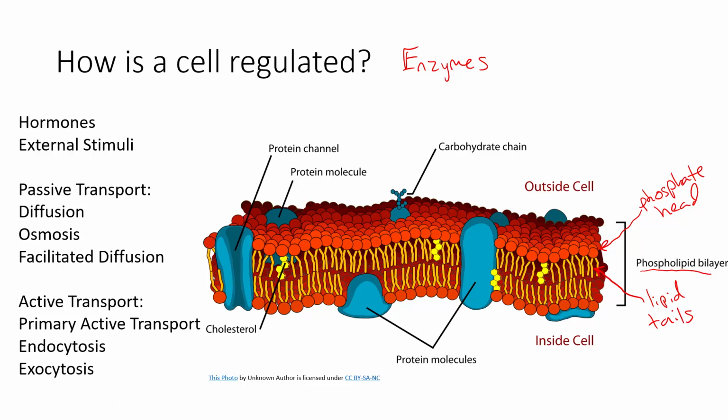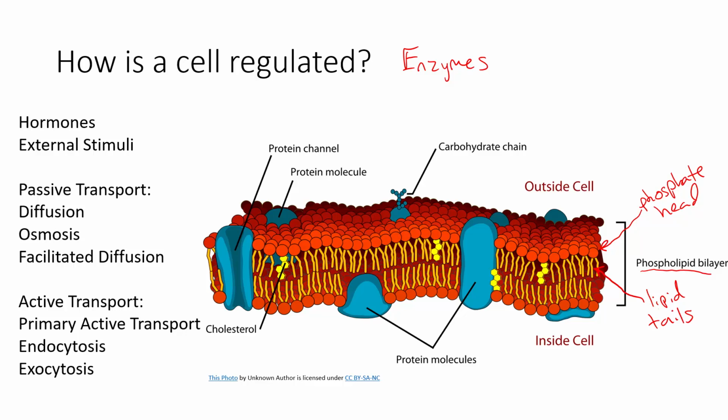Diffusion is the transport of substances from an area of high concentration to low concentration. Osmosis is the movement of water molecules from an area of high concentration to low concentration.